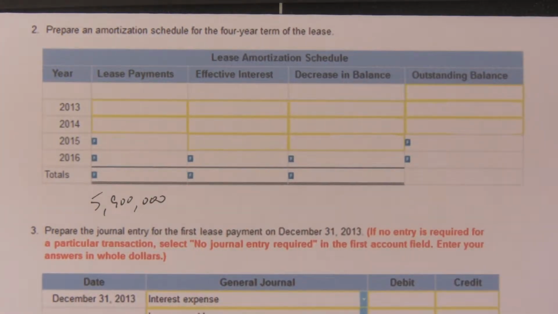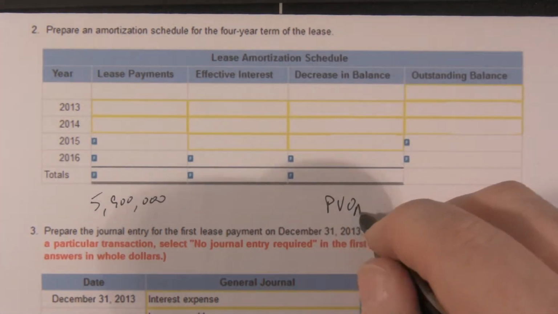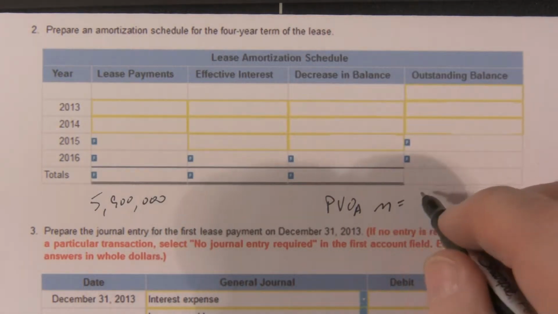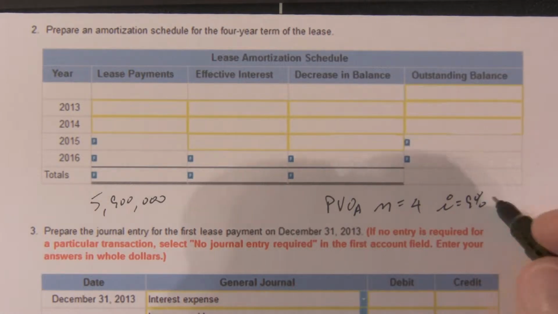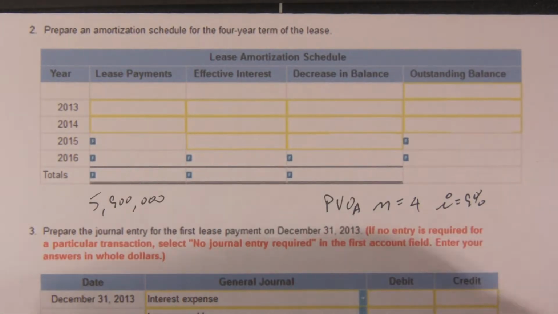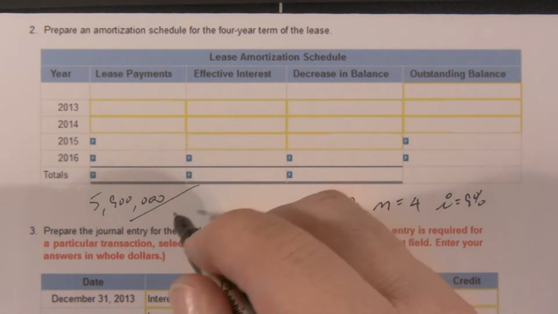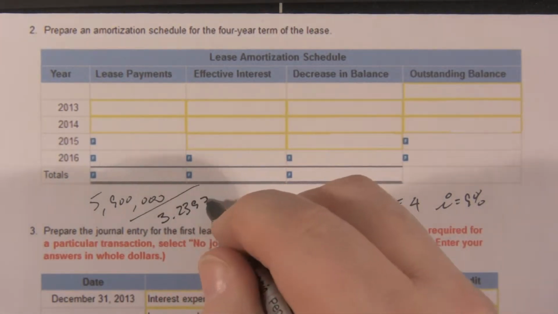And we have to find the present value of an ordinary annuity, of N equals 4 and I equals 9. Go to your chart, go down to the column N equals 4, go across to the interest rate of 9%. You come up with a factor of 3.23972.